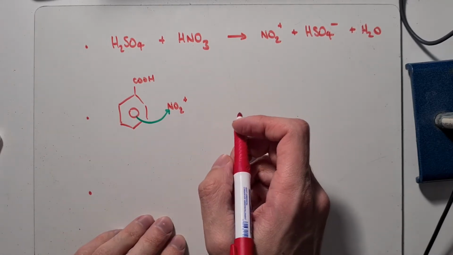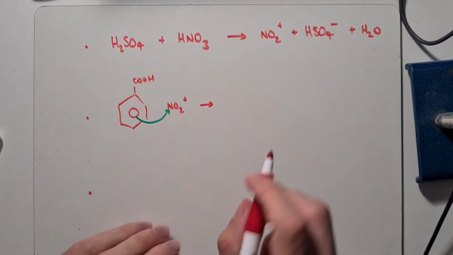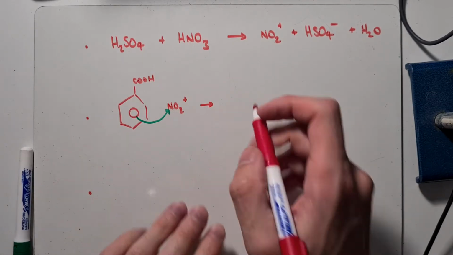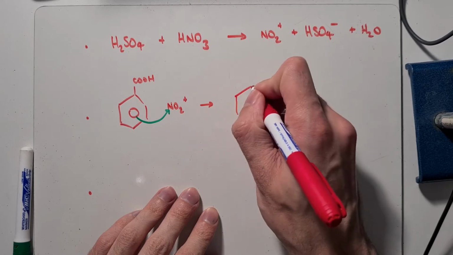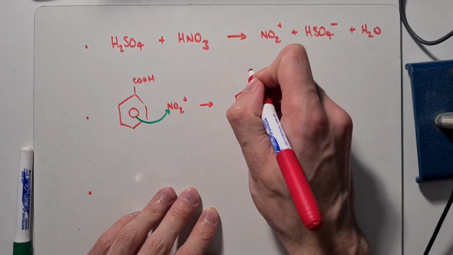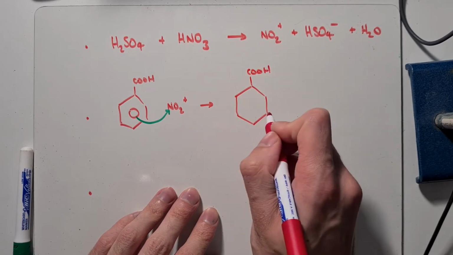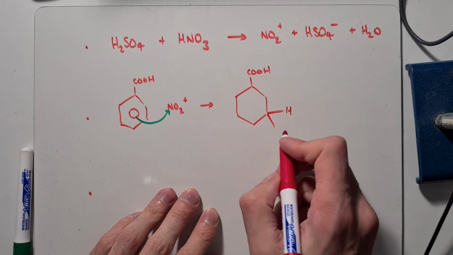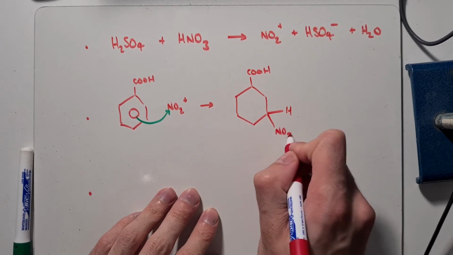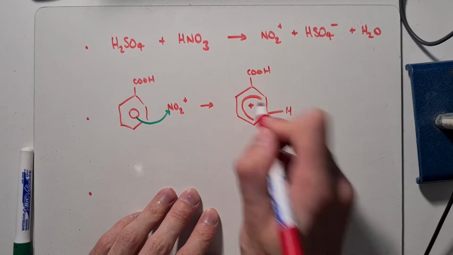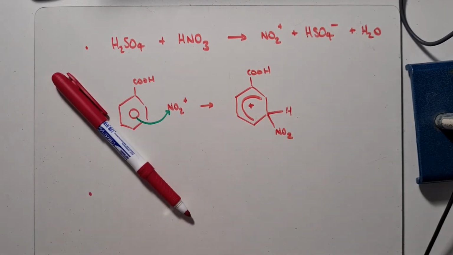That is going to create an intermediate, and it shows you in the equation that the nitro group is going on to the 3rd carbon. So we need to draw the intermediate showing that as well. We'll have a bond to a hydrogen and a bond to the NO2 and a broken ring with a positive charge in the centre.